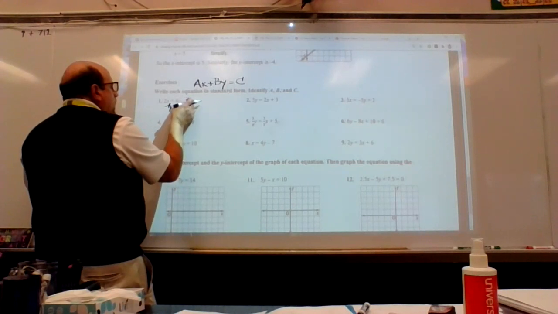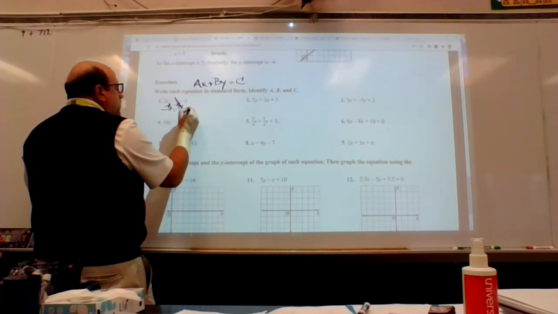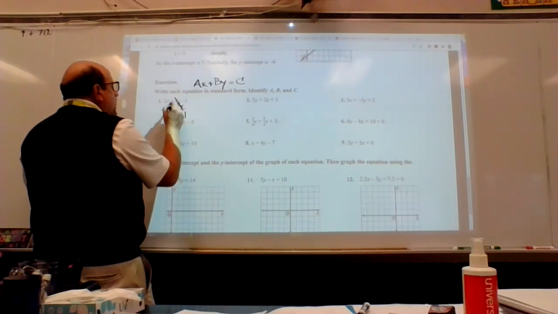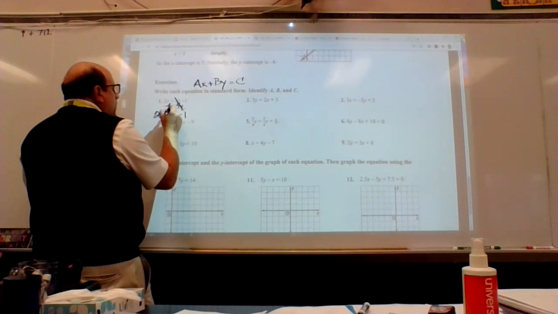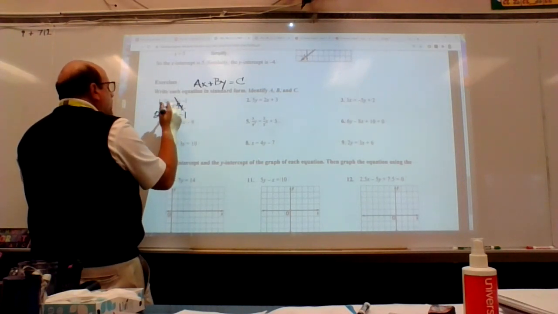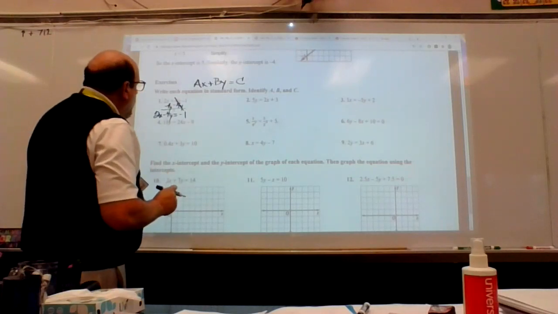All right? And when I do that, that goes away. I'm still here with negative 1. I have an equal sign, and I have 2x plus, minus 4y, because I subtracted 4y, equals negative 1.